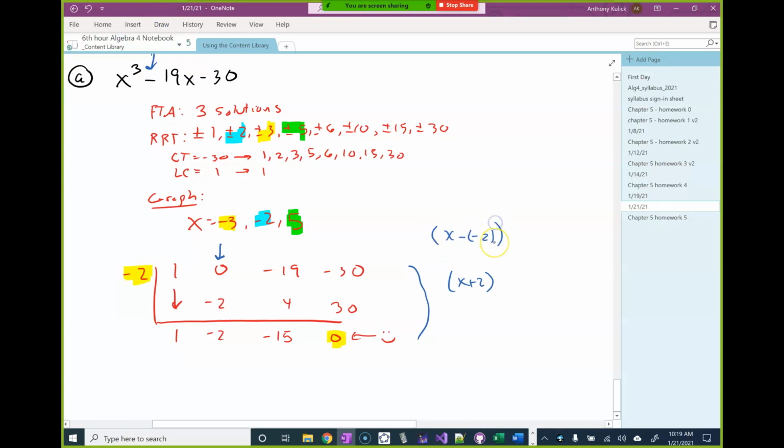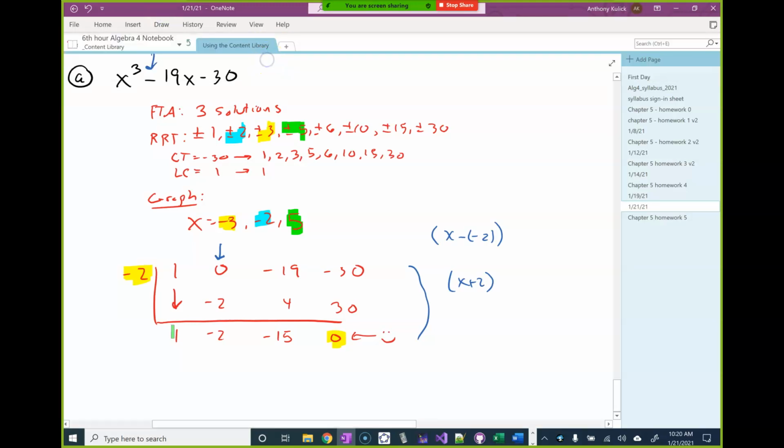So that's going to be x squared minus 2x minus 15. Again, those numbers at the bottom give me my coefficients. And now I have something that is a factoring problem. So I can factor this. It's got 3 terms. Not only is it in the quadratic form, but it's strictly quadratic.